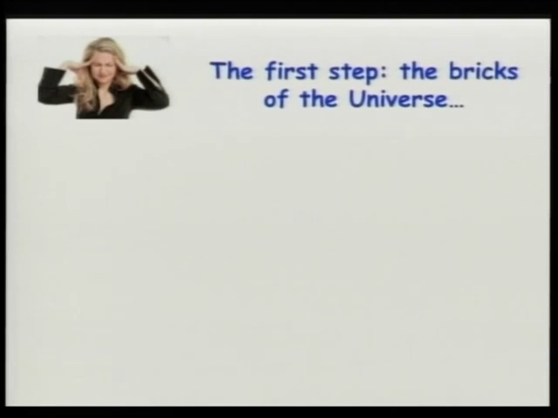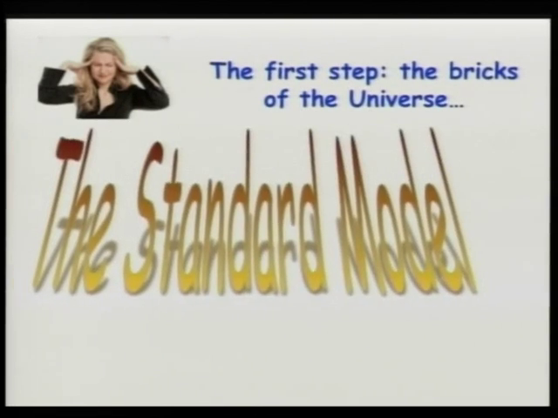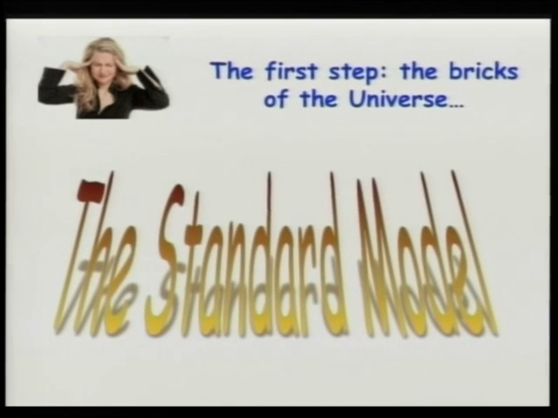Good, but now, after this brief introduction, we have to understand the bricks of the universe. And to understand this, we have to talk, in a couple of slides, not more, about the standard model. The standard model is what we think is describing the universe.